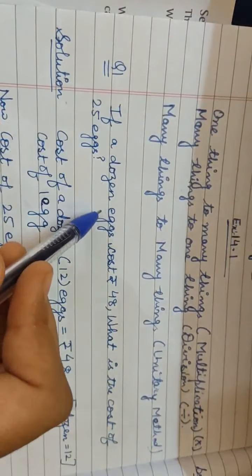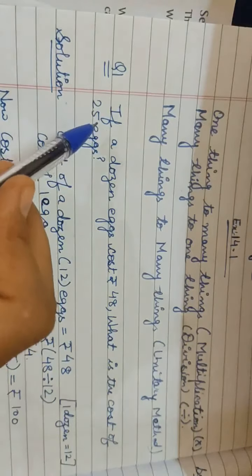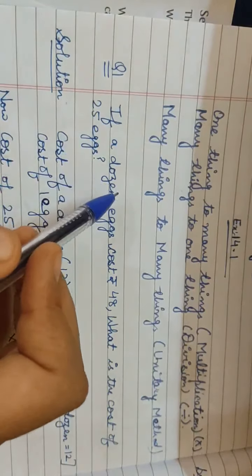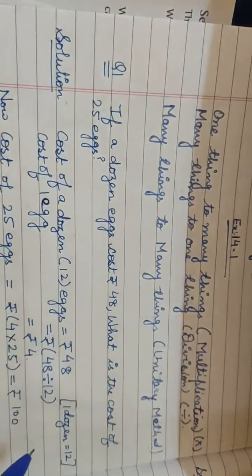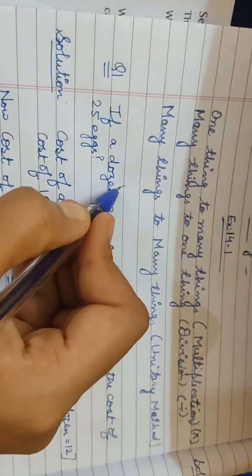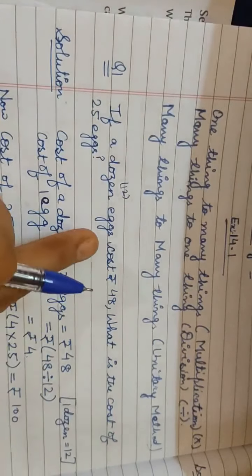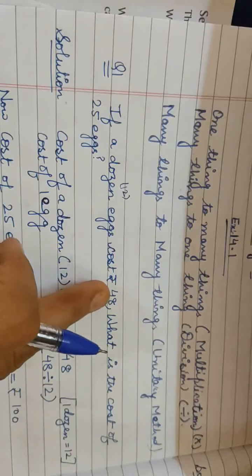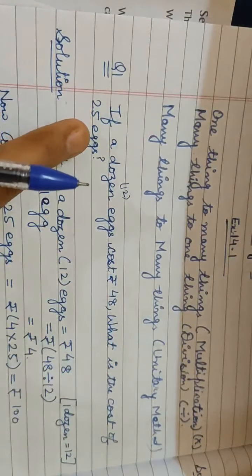If a dozen eggs cost rupees 48, what is the cost of 25 eggs? What is given? The cost of a dozen eggs. What do you mean by dozen? Dozen means 12. It means the cost of 12 eggs is given to you as rupees 48 and you have to find the cost of 25 eggs.